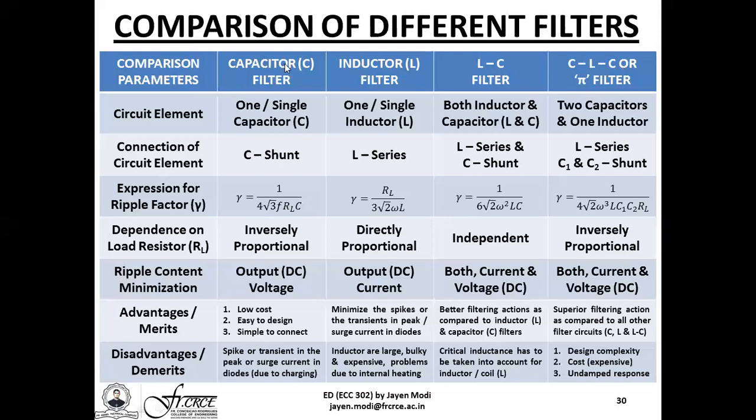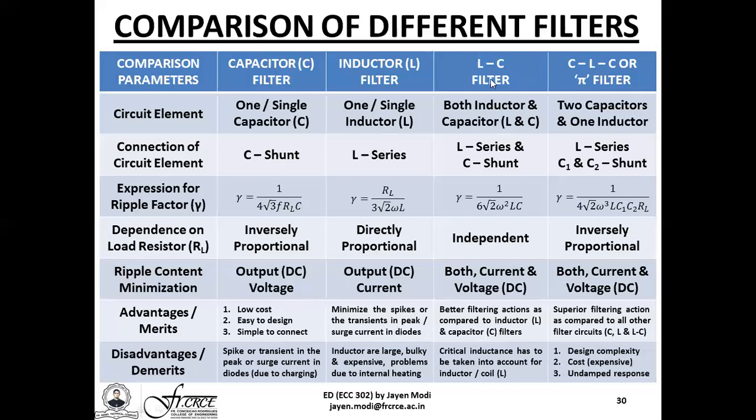For the capacitor filter, advantages can include, apart from a very good filtering action, that it is low cost, easy to design, easy to analyze, and very simple to connect. The advantage of the inductor filter is that it is used primarily to minimize the spikes or transients causing a peak or surge current in the PN junction diodes for the capacitor filter.